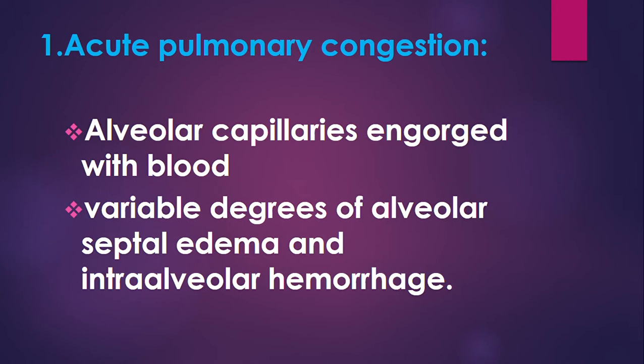In the alveolar septum there is edema, and there is intra-alveolar hemorrhage, RBCs in the alveolar spaces to a variable degree. So microscopically, first we see alveolar capillaries engorged with blood, and second we see variable degrees of alveolar edema and intra-alveolar hemorrhage.